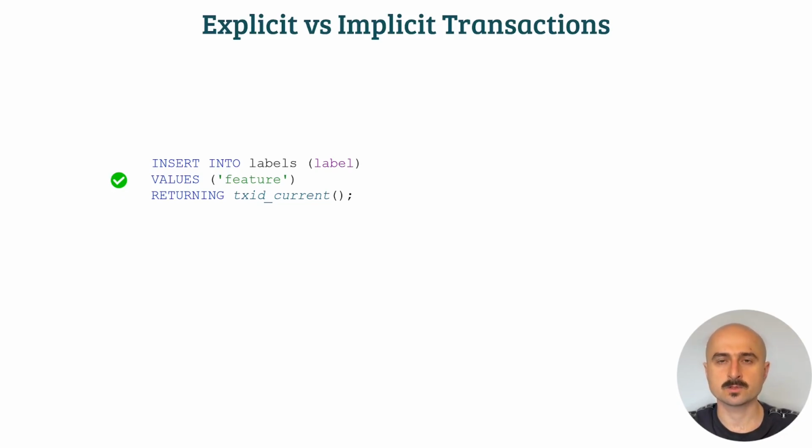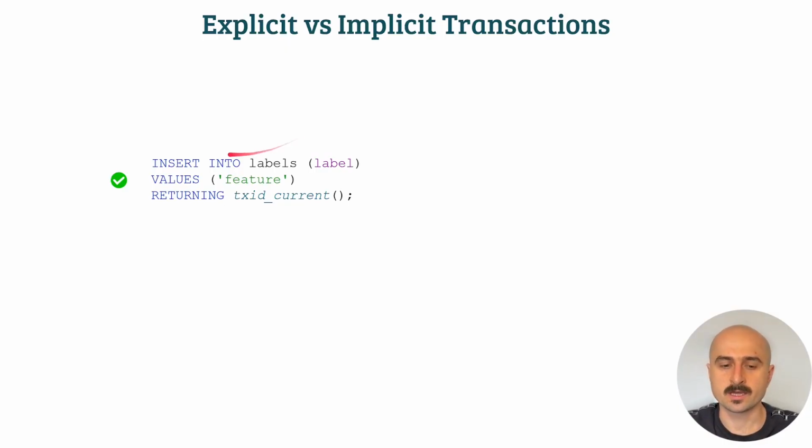And it turns out that whenever you execute an SQL statement outside of an explicit transaction, which we are doing right now, then PostgreSQL is going to automatically, or rather implicitly, start a transaction and execute your SQL statement in that transaction.